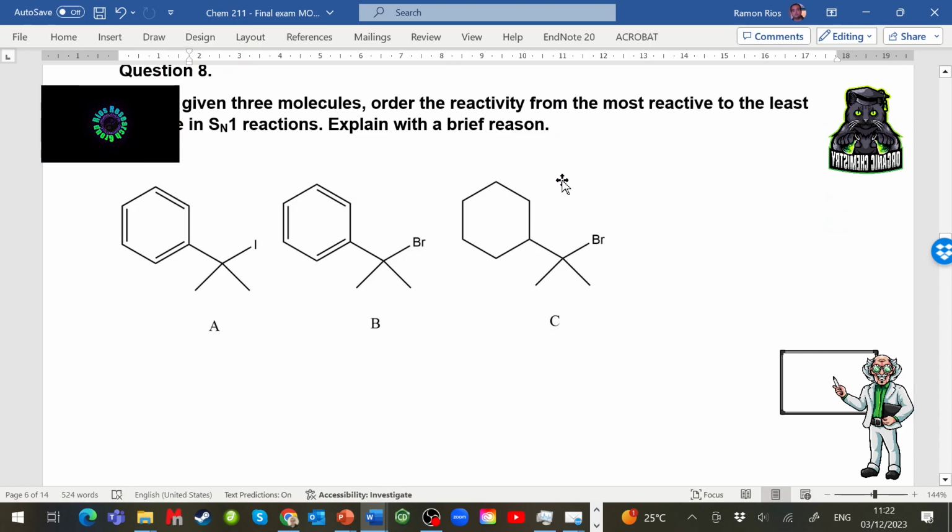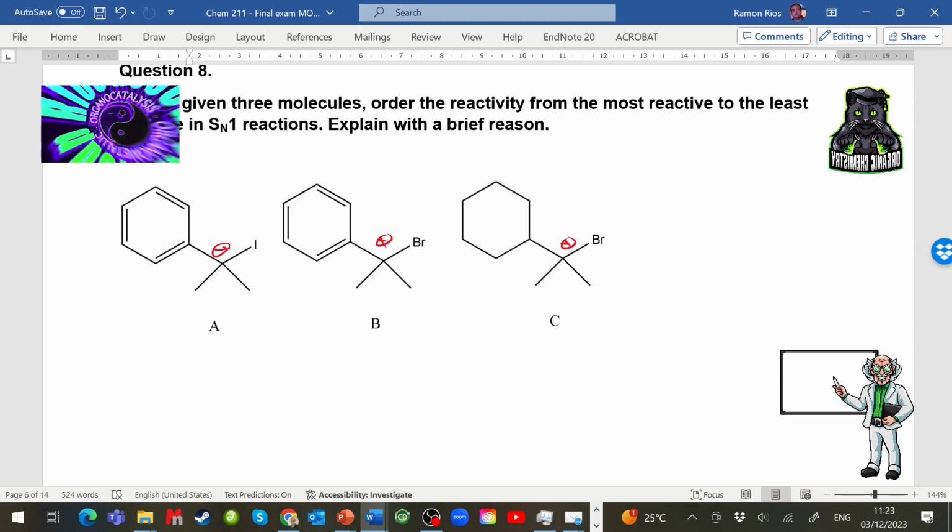Okay, question 8. For the given 3 molecules, order the reactivity from the most reactive to the least reactive in SN1 reaction. Okay? In SN1 reaction, what is the most important? The most important is the stabilization of the carbocation. Which will stabilize the carbocation better? Well, if we check all the possible carbocations, that basically would be the positive charge here, here, or here.